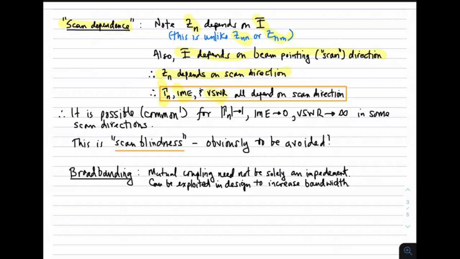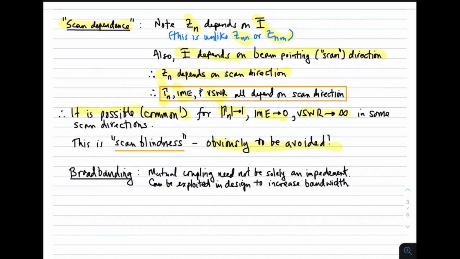So furthermore, it is possible, and in fact common, to find that the reflection coefficient gets very close to 1, the impedance match efficiency gets very close to 0, and subsequently the VSWR gets very close to infinity in some scan directions. So for particular choices of array design and particular scan angles, you end up finding out that this array can't produce any power. It all gets reflected back to the sources. So this is obviously not a condition you want.